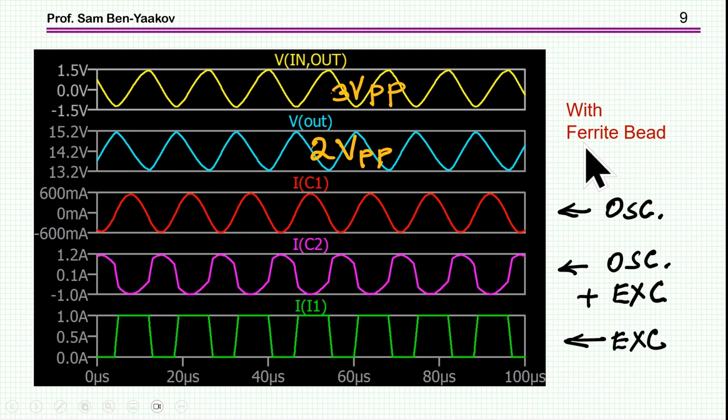Now, with the ferrite bead, first of all, we see that we have a higher ripple at the output. That's 2 volt peak to peak.